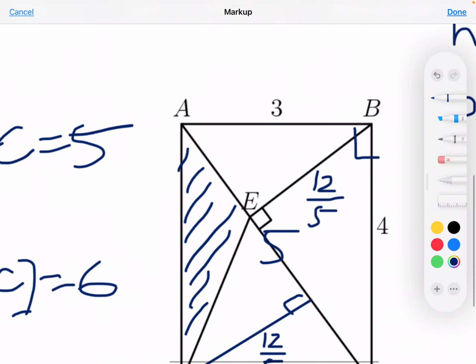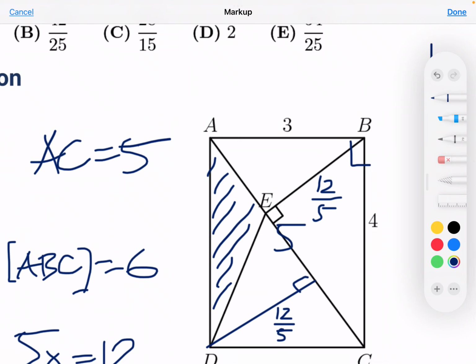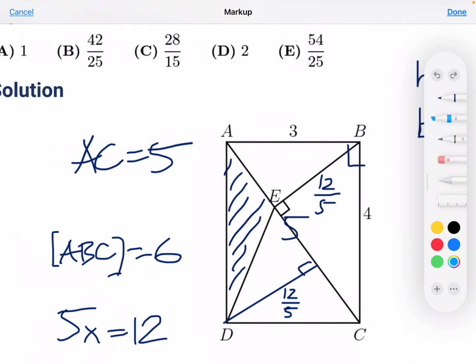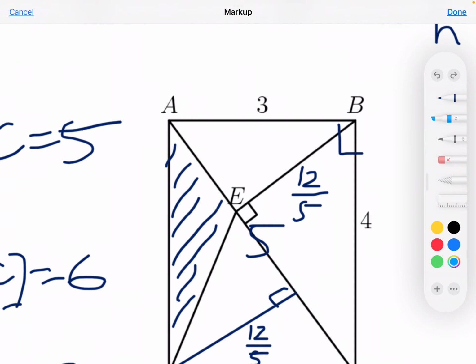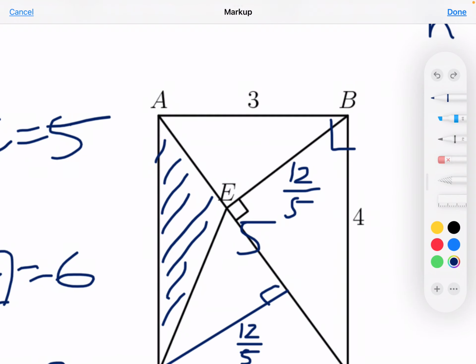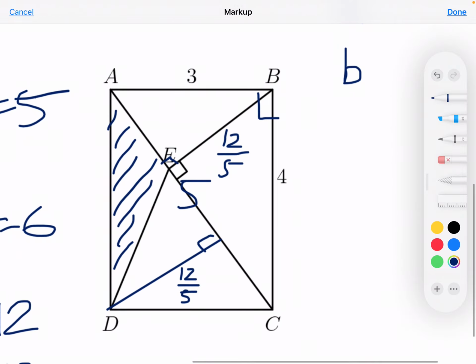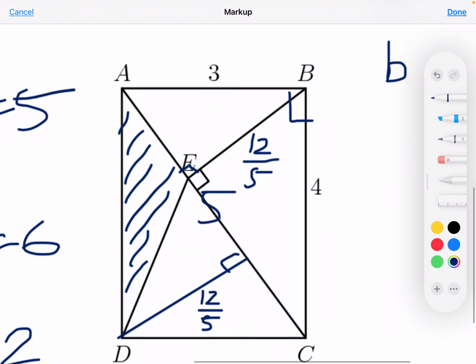Now how do we find the base? Like how do we find this, AE? We can do this by looking at this triangle over here, triangle ABE. Here it's also a right angle, and we can see, wait a minute, there's some similarity here.